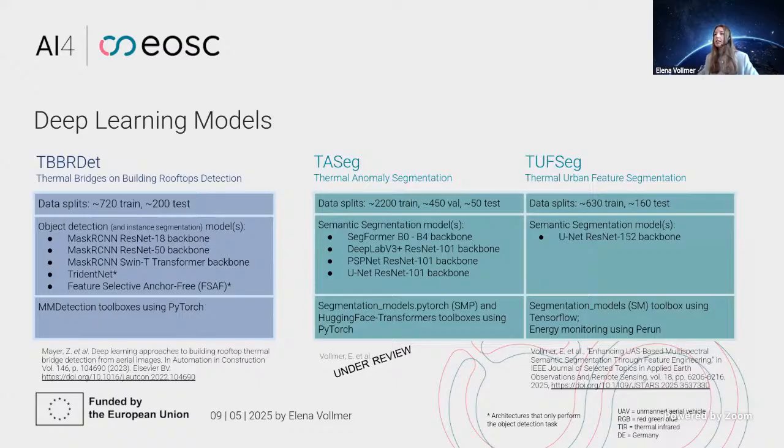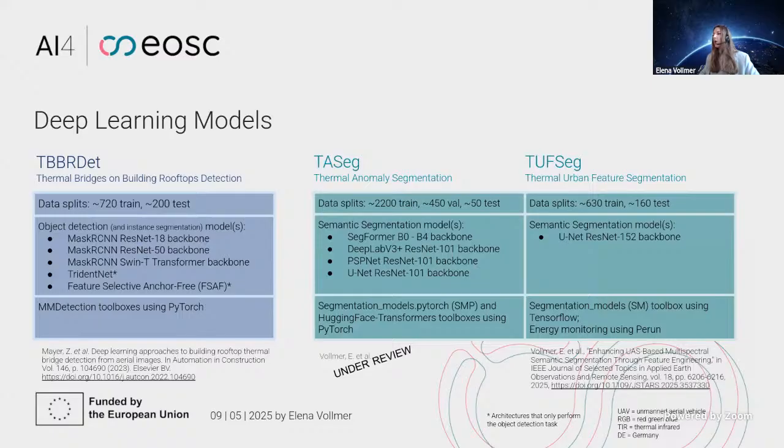In essence, the first model, developed initially by colleagues of mine, compares different object detection and instance segmentation models, using Detectron and PyTorch. My two models are semantic segmentation ones. The thermal anomaly segmentation uses SegFormer models as well as classical CNNs, also PyTorch based.